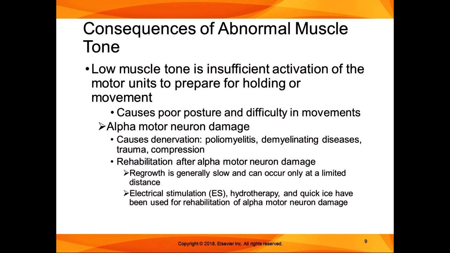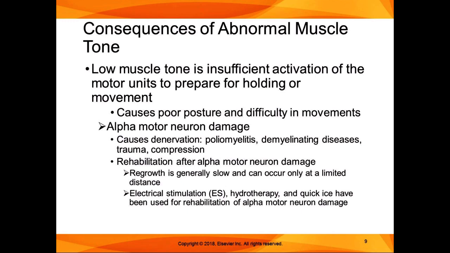So the consequences of abnormal muscle tone: when you have low muscle tone, it's insufficient activation of the motor units to prepare for a movement or to hold a movement. And it can cause poor posture and difficulty in movements. So it can be damage to the motor neurons, and we'll talk way more about this in neuro.